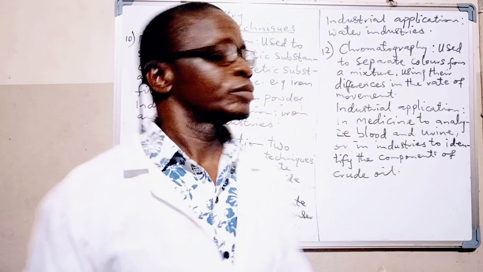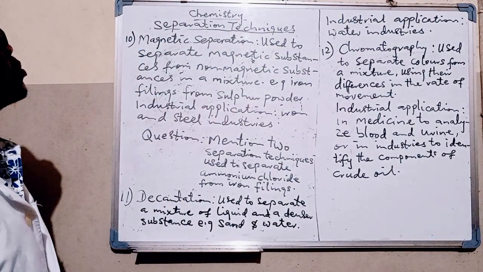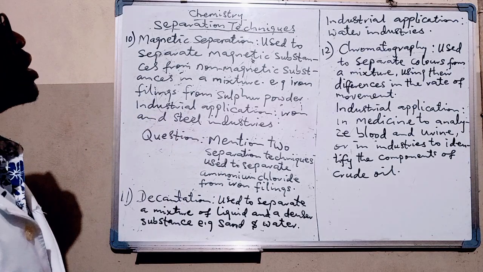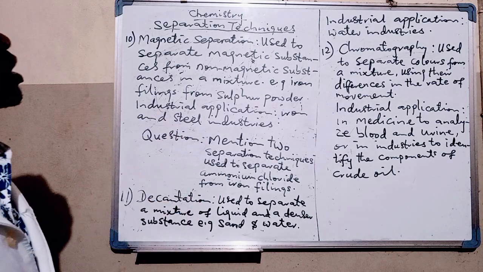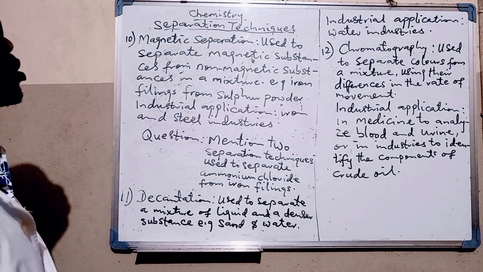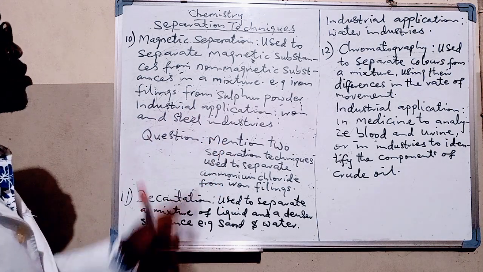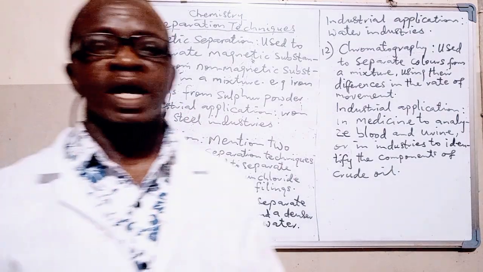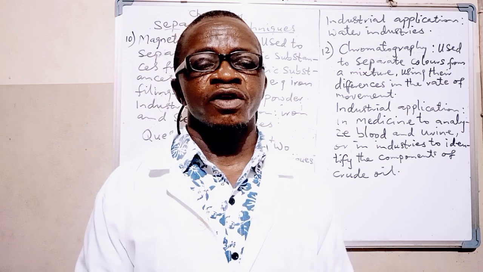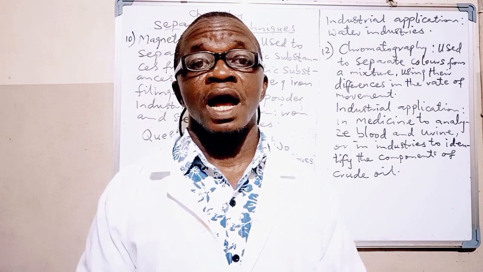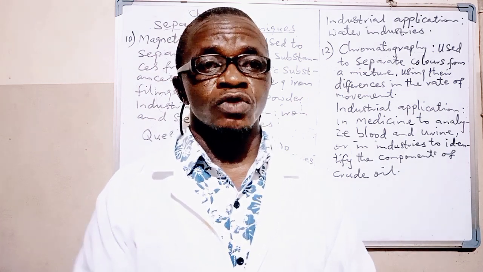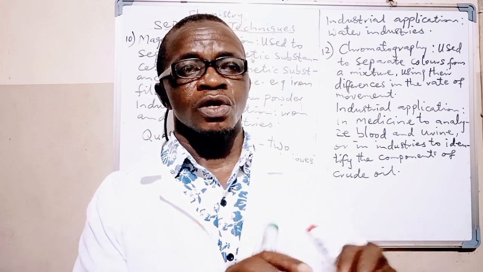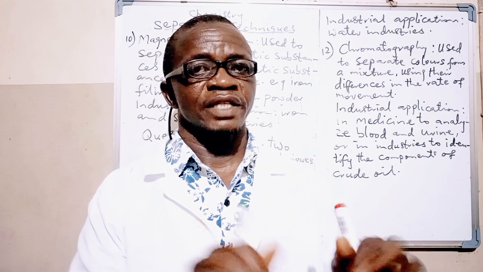Now let's go to magnetic separation. It is used to separate magnetic substances from non-magnetic substances in a mixture. Example, iron filings from sulfur powder. Iron filing has a magnetic property. What I mean by iron filings is, if you have ever gone to where welders are working, you see them using a filing machine to file something. You see particles of light coming out.